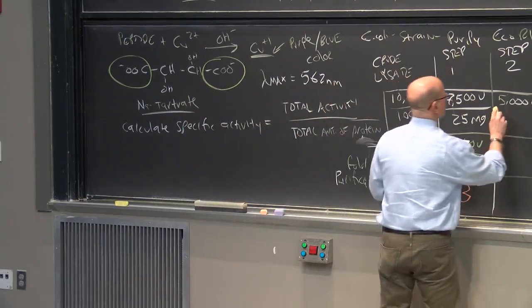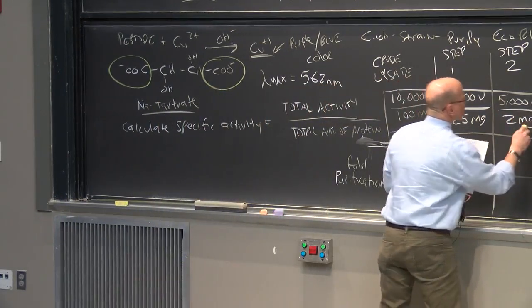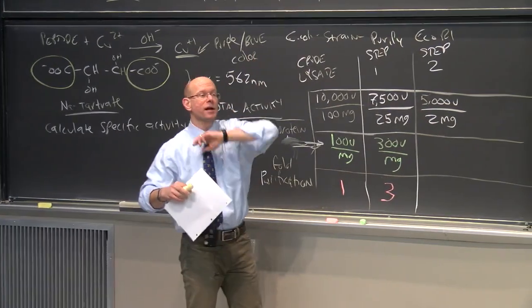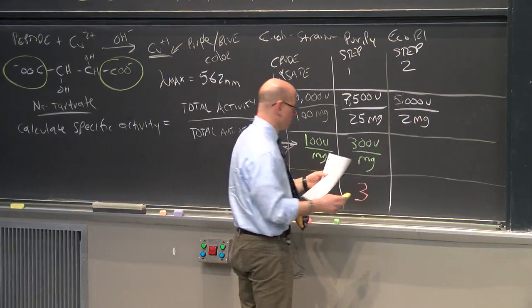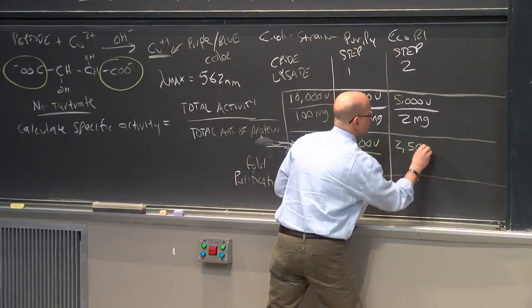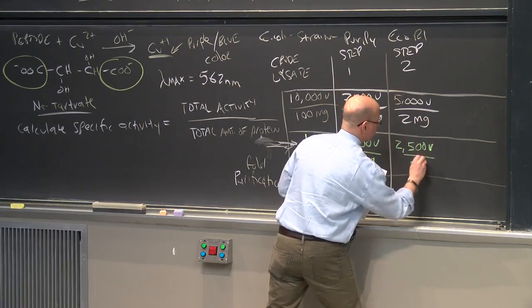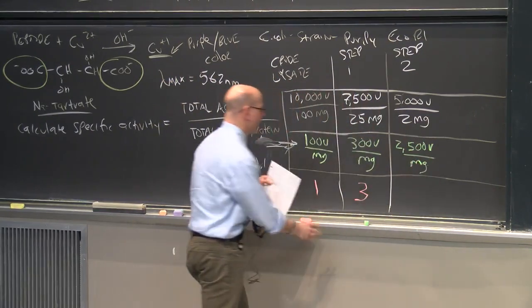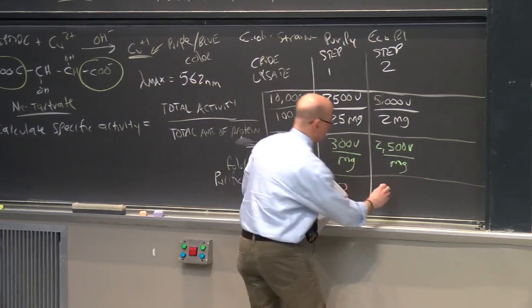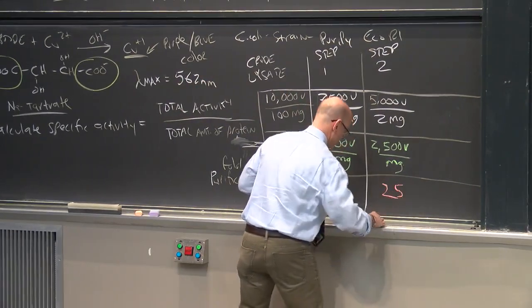But now I find this 5,000 units turns out to come out in only 2 milligrams of protein because all the protein, right, that wasn't what I wanted, I got rid of by ion exchange chromatography. So this means that now I've got 2,500 units per milligram of protein-specific activity. And I started at 100, so how much purification did I get? 25-fold. Okay.